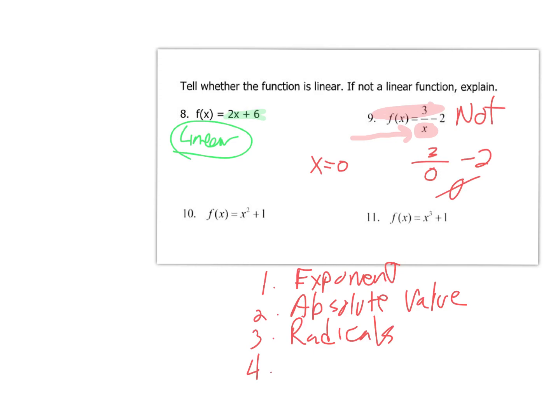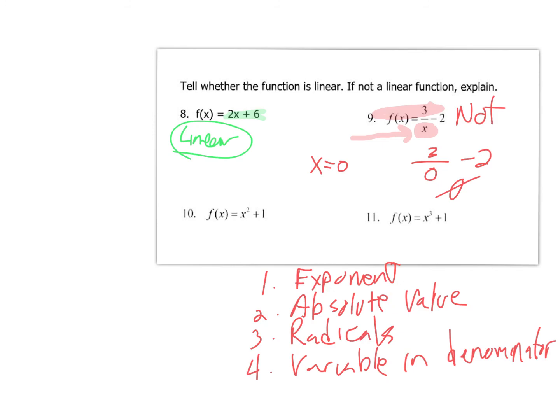And now the fourth thing we look for is variable in the denominator. Okay. So those are our four key pieces. Again, I did the last slide only with 3, so you look out for those other things. But we do have this extra thing we have to worry about too.